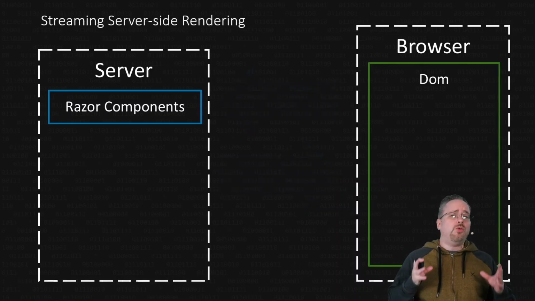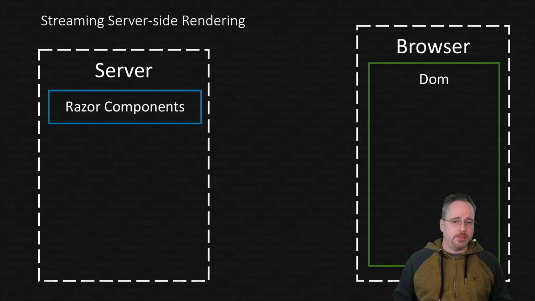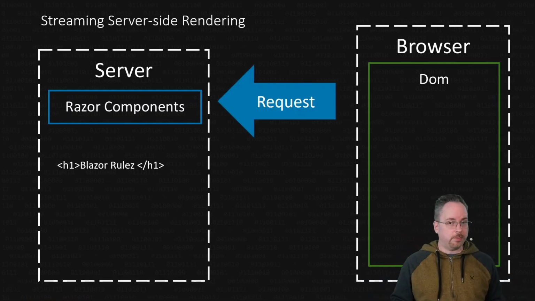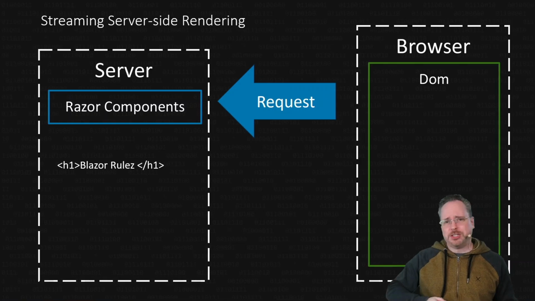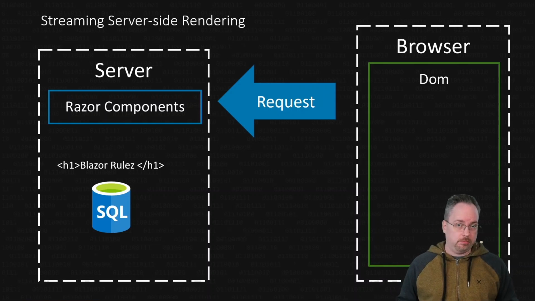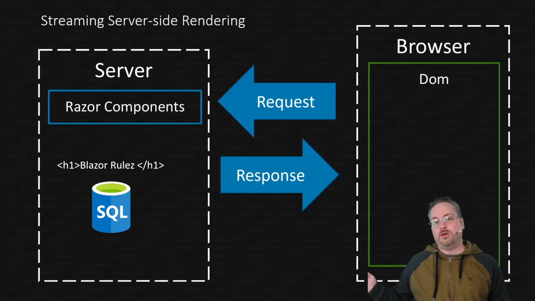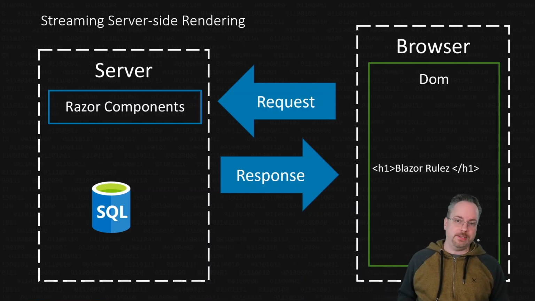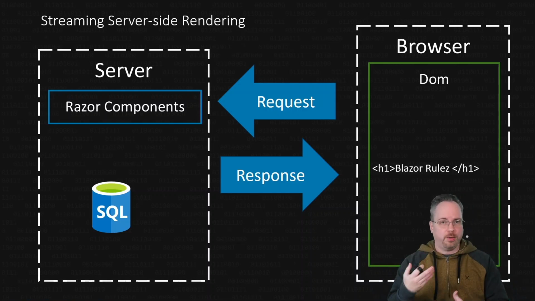Then we have streaming server-side rendering. That means that the browser is going to do a request. It's going to render some content. And then maybe it just happens to go to a database and get some data. But while it's doing that, we can send over a part of a response. So we can send over Blazor rules while we're working with the database.